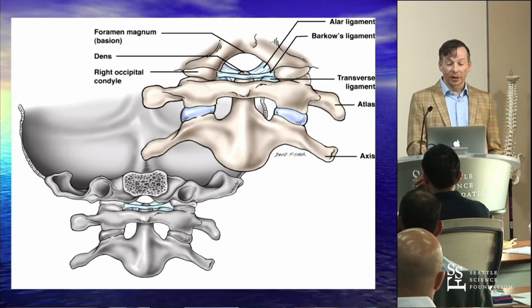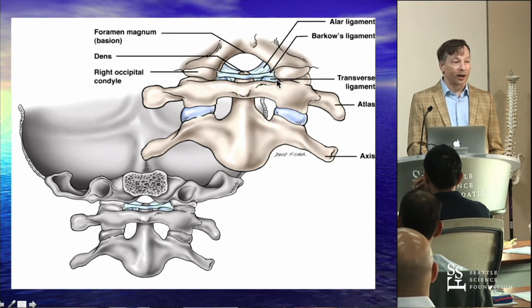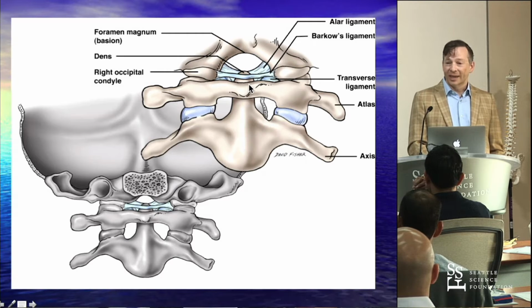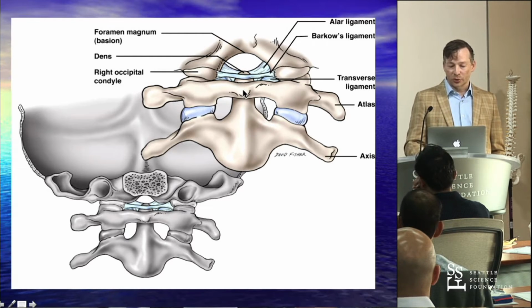We have real oddities. Barkow's ligament. Who's heard of Barkow's ligament before? Anyone? Most people have not, but it runs between the occipital condyles and runs anterior to the tip of the dens.